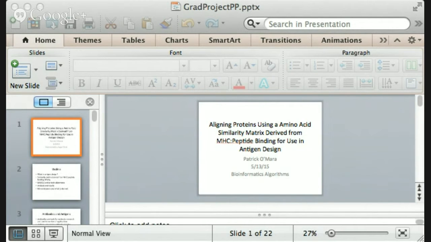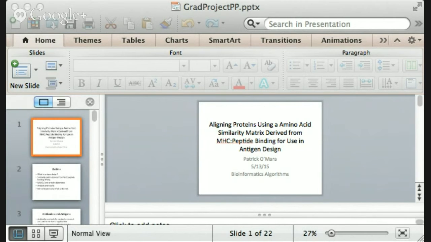So just a few considerations. There's a lot that I would love to do with this if I had time. The main things are basically: it'd be nice to compare this MHC matrix to matrices derived from the physiochemical properties of amino acids.